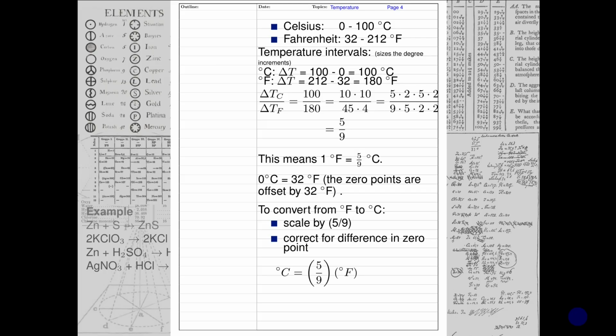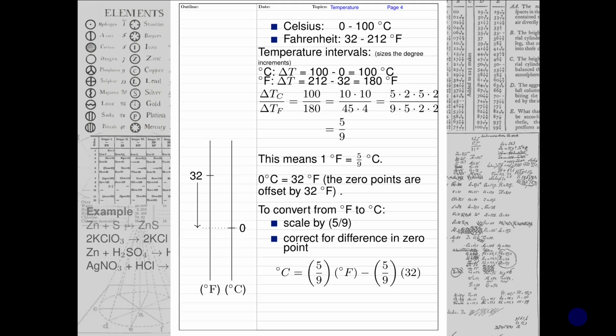Then, since we want to convert to Celsius, which has a 0 point at the freezing point of water, we need to shift the Fahrenheit 0-point value to align with the Celsius scale. We do this by subtracting 32 from the Fahrenheit temperature, since 32 Fahrenheit corresponds to 0 degrees Celsius. This adjustment must also be multiplied by 5/9 to account for the different degree sizes.